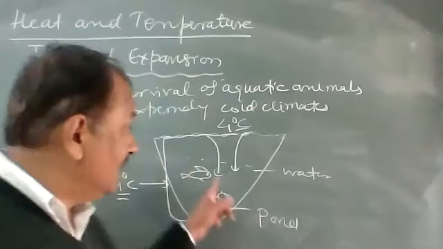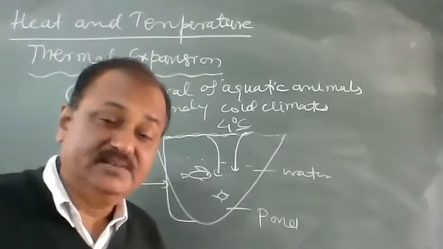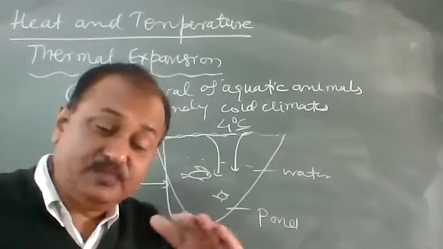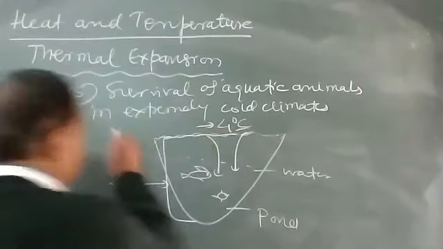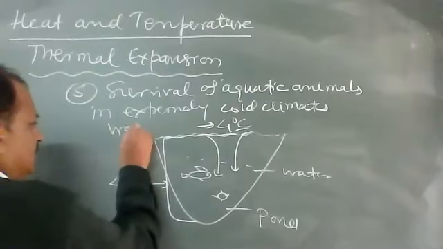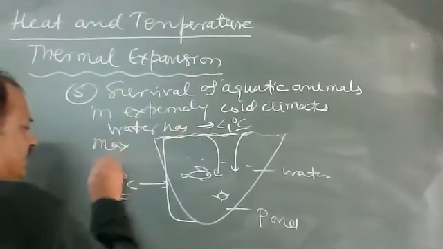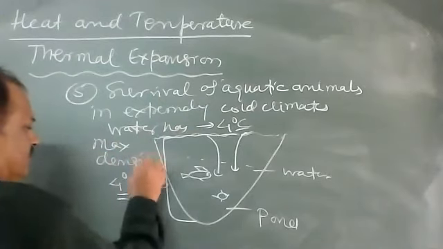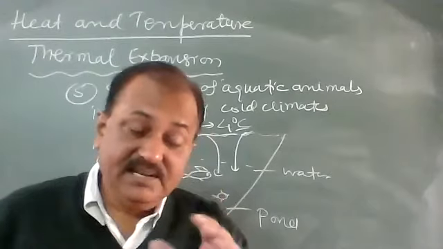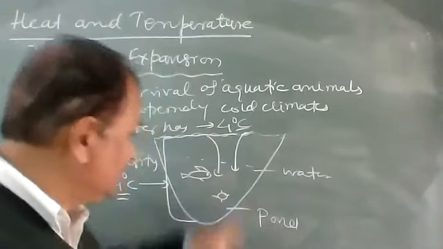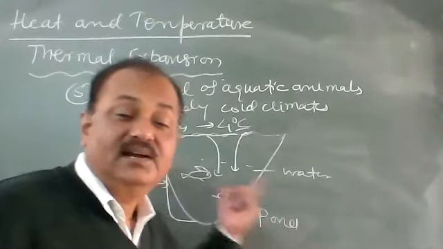So ice is not formed at once. The formation of ice takes place slowly. At 4 degrees Celsius, water has maximum density. It is heavy, so it sinks down, and the entire water becomes what?